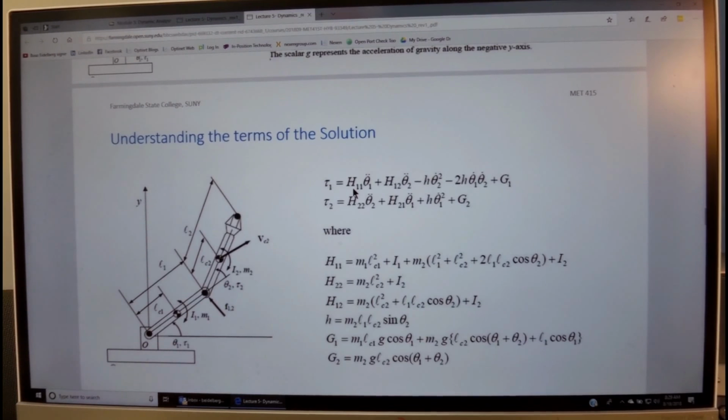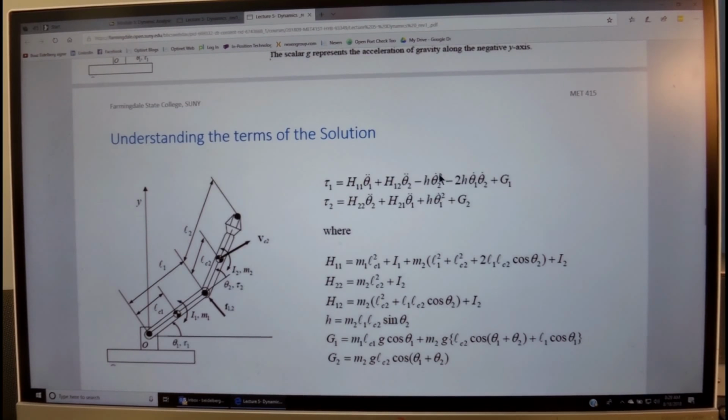For example, when you take a look at the motor torque acting on this link, you see that it has many parameters that define both links, not just the first link, and it is multiplied times the angular acceleration of the first link, plus a similar expression times the angular acceleration of the second link.